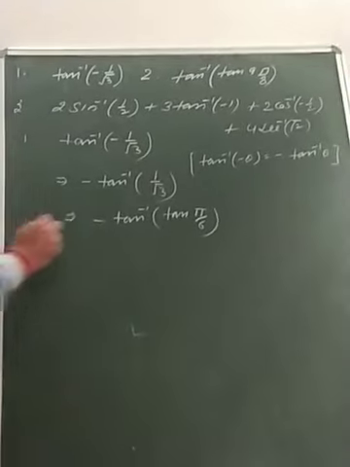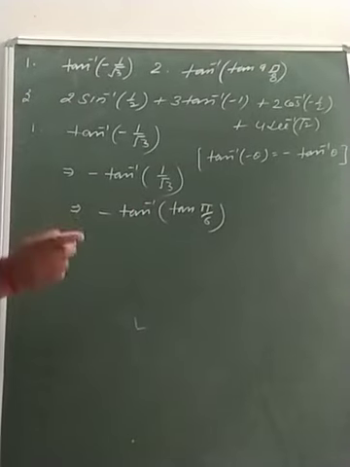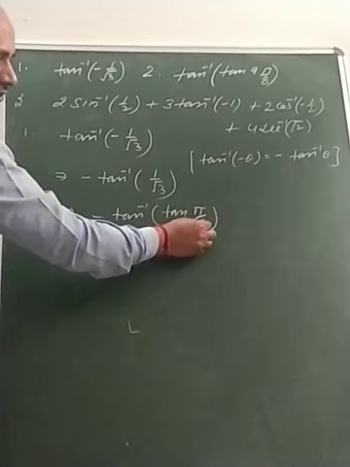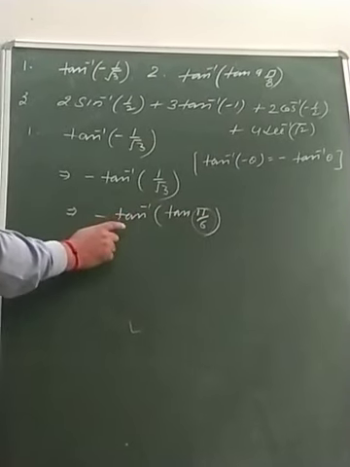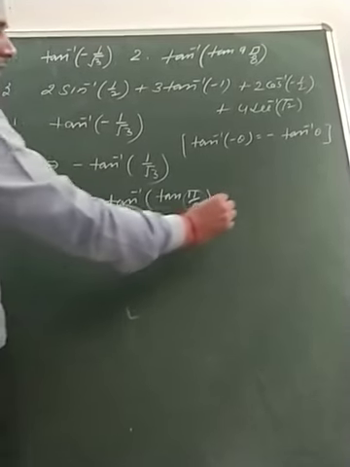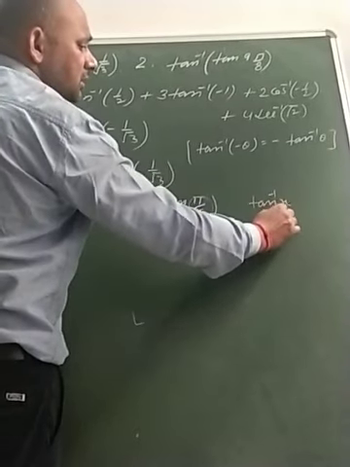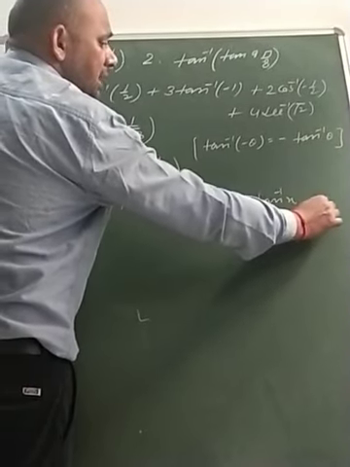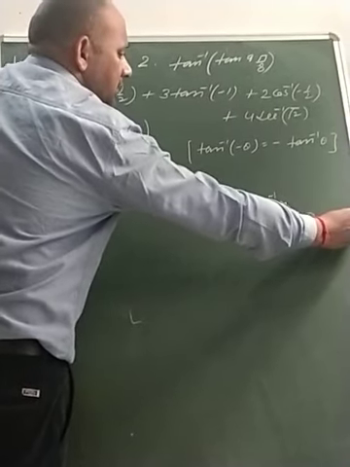Now, the next question is, do tan inverse and tan cancel or not? First, we will check whether pi by 6 belongs to the principal value branch of tan inverse. The principal value branch of tan inverse x is x belongs to minus pi by 2 to plus pi by 2.